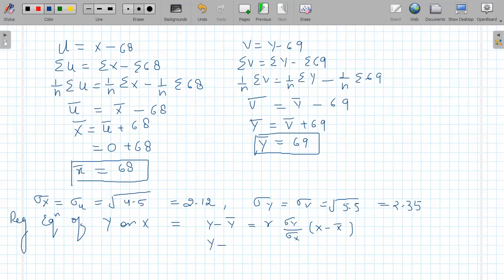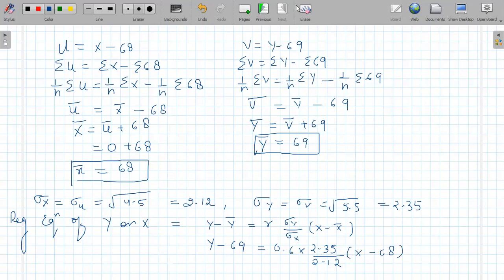So y minus 69, r is 0.6, sigma y is 2.35 divided by 2.12 into x minus 68.